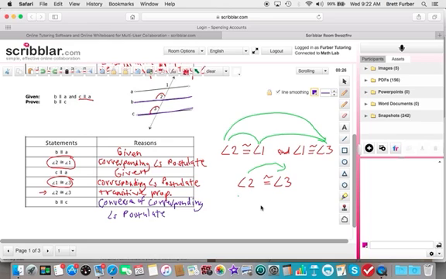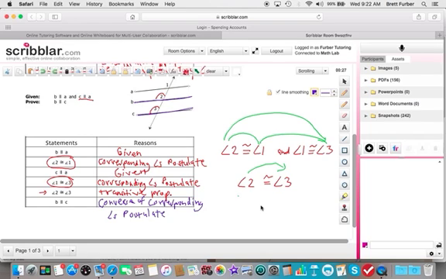They're just reversed. The normal postulate says if two lines are parallel, then corresponding angles are congruent. The converse of the corresponding angles postulate says if two lines intersect and they form corresponding angles that are congruent, then the lines they are located on must be parallel.